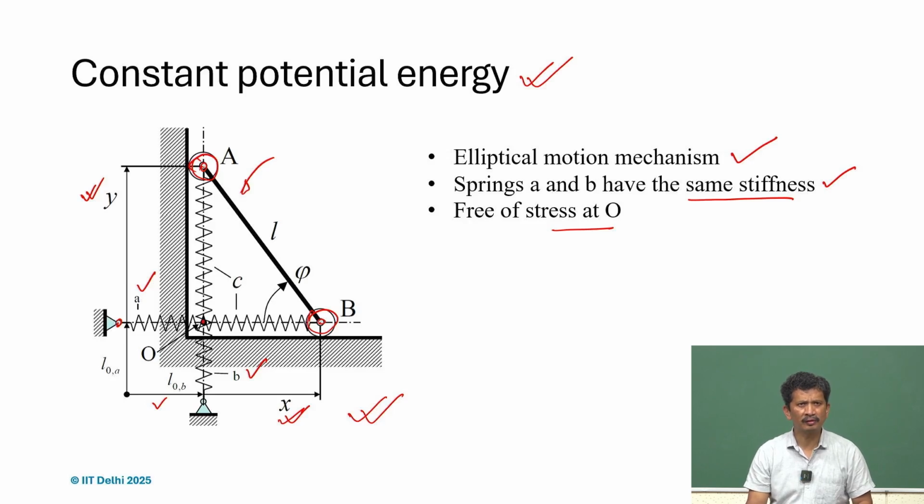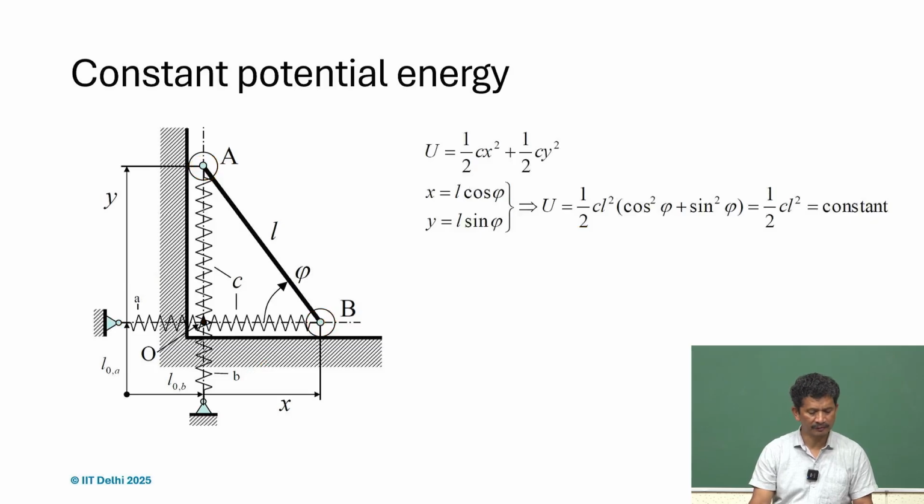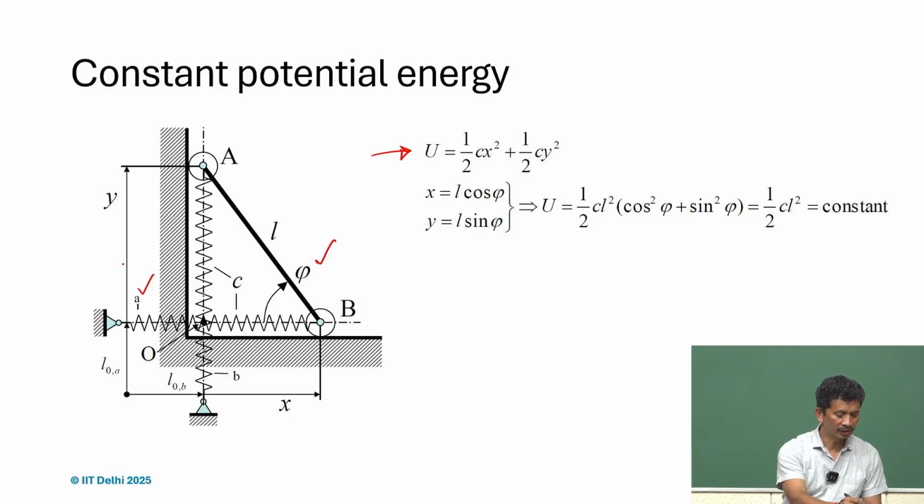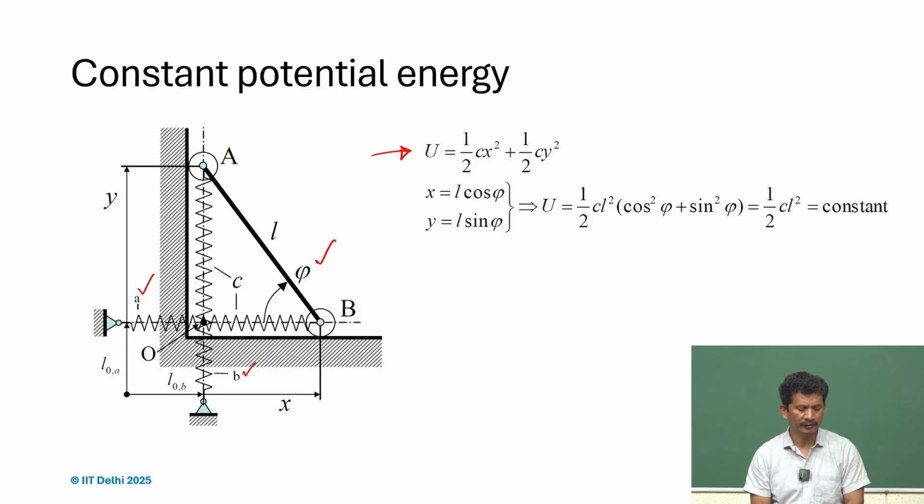So if this is the configuration, what we find is the potential energy. If we write it at any arbitrary position at an angle phi, x is the displacement in spring A and y is the displacement in spring B. So it's already extended.